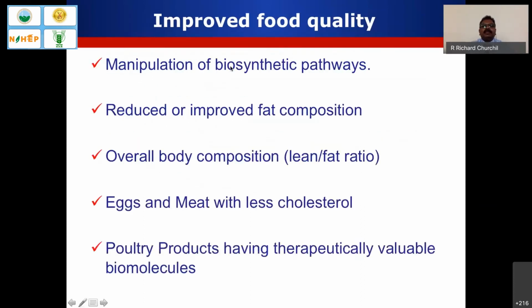And quality, by manipulation of biosynthetic pathways, it can reduce or improve fat composition in the carcass, overall body composition, lean or fat carcass, and less cholesterol, and the products, egg or meat, containing some therapeutically valuable biomolecules in it, so that egg and meat can act as a medicine also.